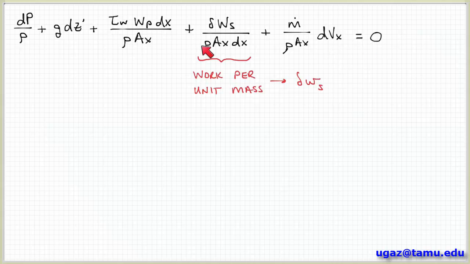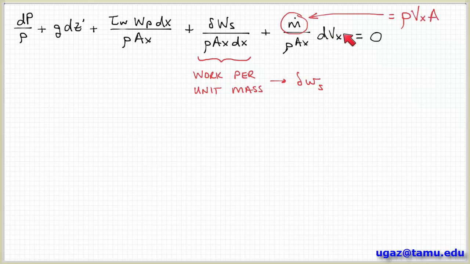Okay, notice that Ax, the cross-sectional area, times the length dx of this disc-shaped volume, that's equal to the volume of our system. So rho times the volume, this is what we have in the denominator here. So mass per unit volume times volume is just mass. So this term represents an expression of work per unit mass. So I'm going to write that in the shorthand term, delta ws, where this is a lowercase w. This is an uppercase W. So lowercase w means work per unit mass.